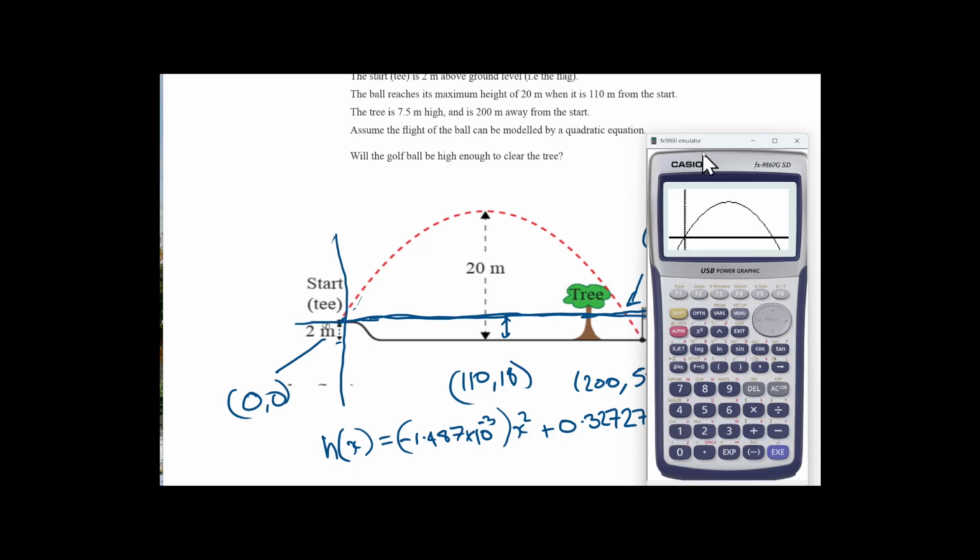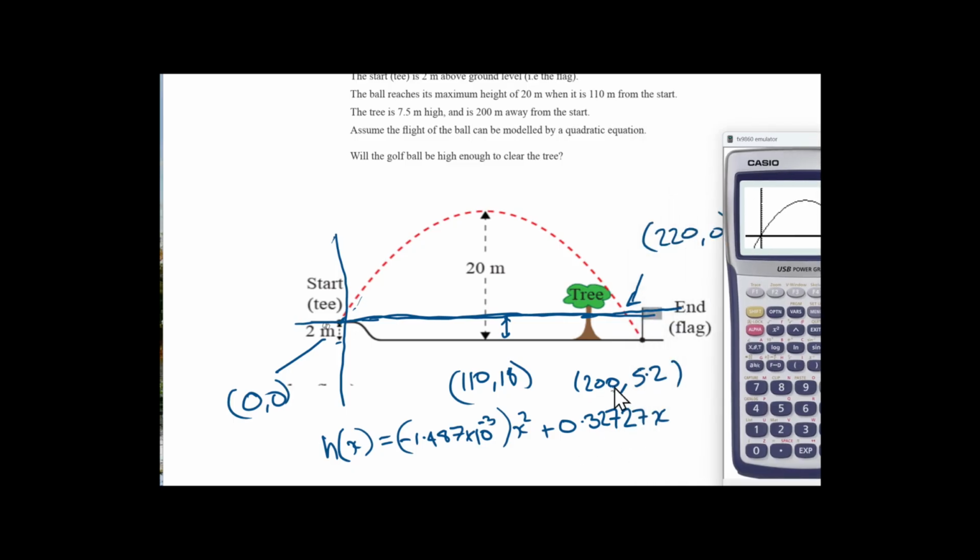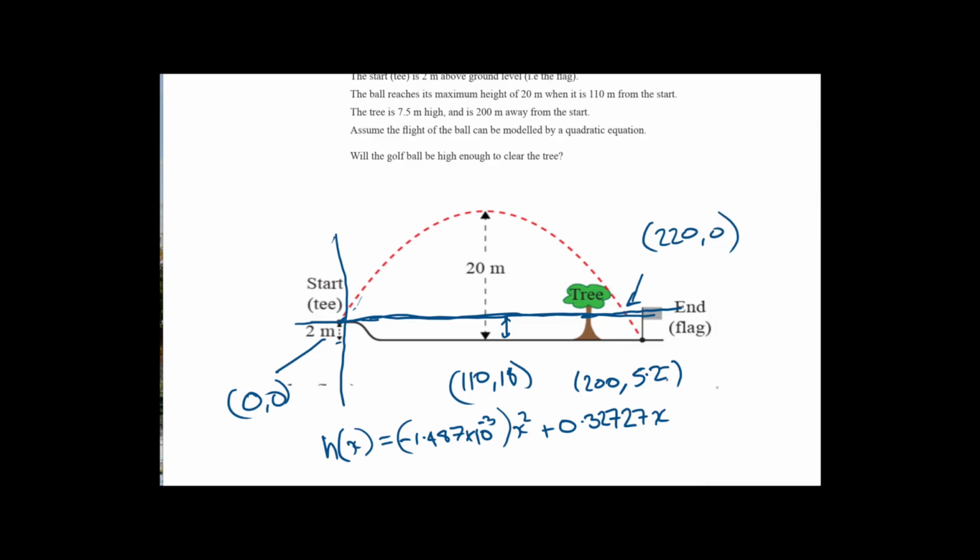Now we want to find out what the y value will be when x is 200. If it's more than 5.5, we're fine.